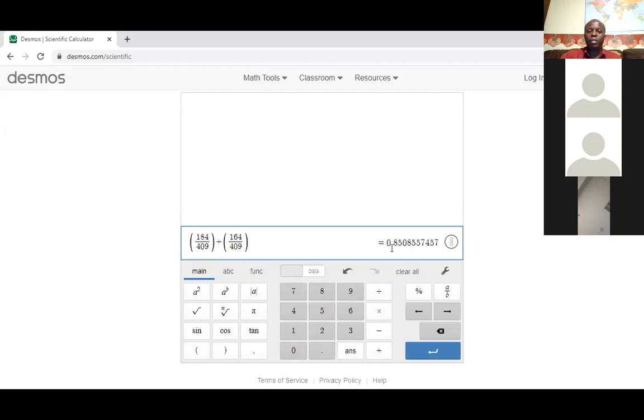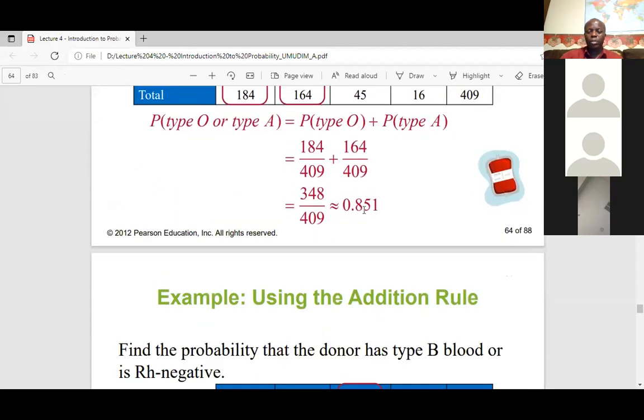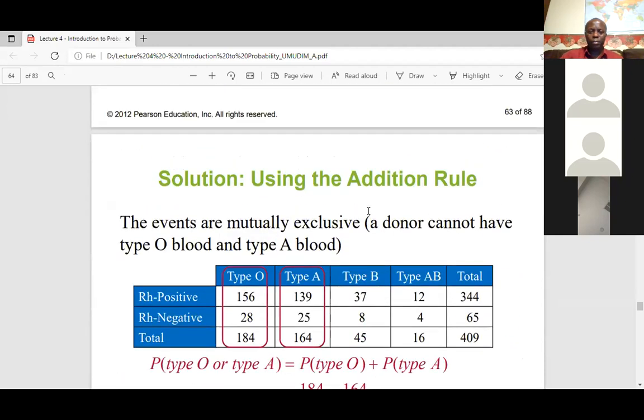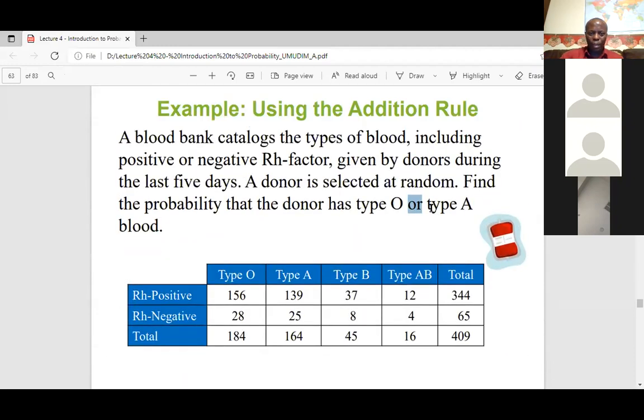So our answer is 0.85050855, continued. But usually I stop at 3 decimal places. So it's going to be 0.851. And you can see it from here, 0.851 approximately. So there's an 85.1% chance that it will be type O or type A blood.